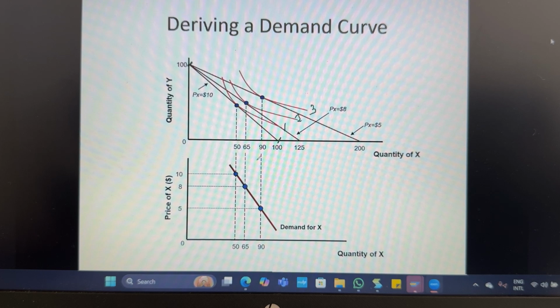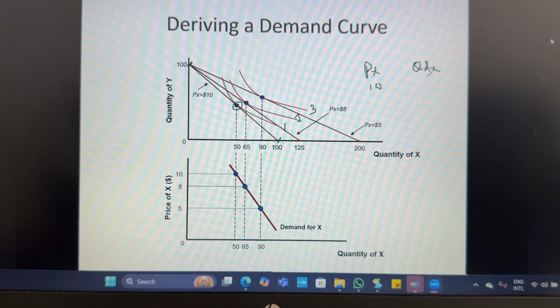At the beginning, this is the first equilibrium point. Some information is given here. Px is 10. If the Px is 10, what is Qdx?